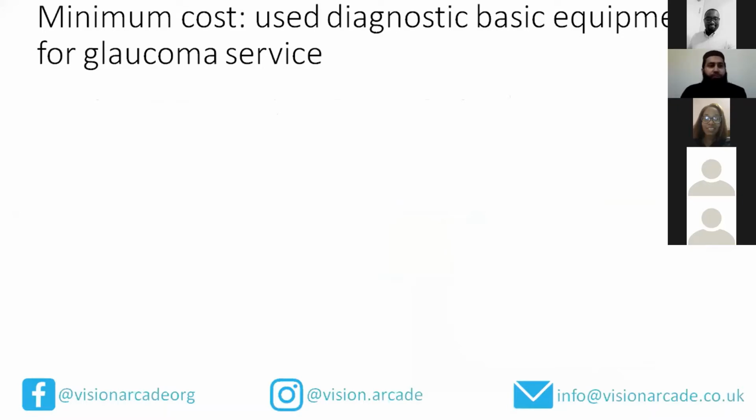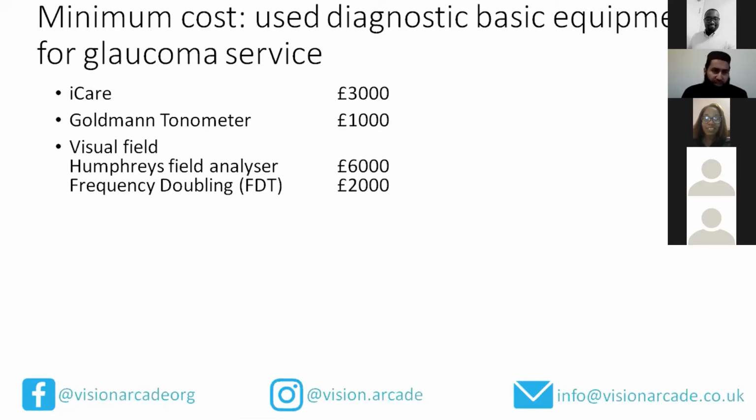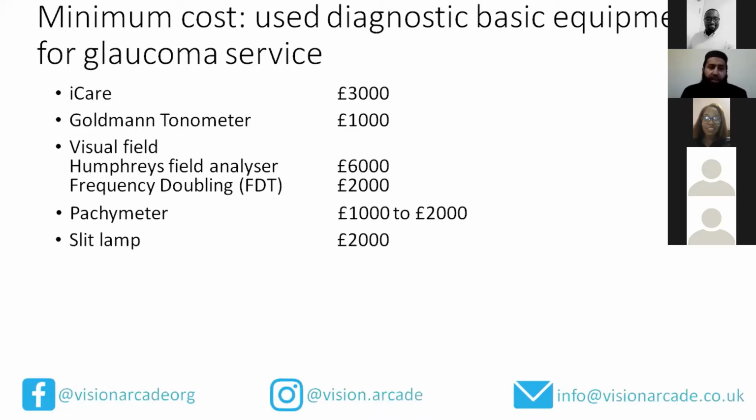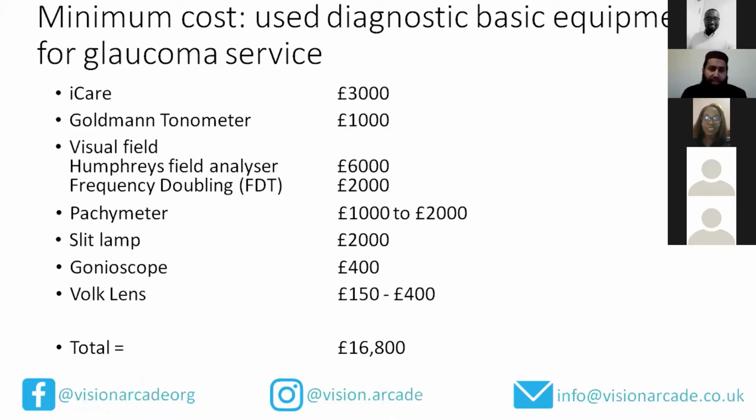Right, minimum cost for these equipments. I've just basically Googled these devices and used equipment, just looking for the cheapest possible that we can use for our Vision Arcade team on ground. For example, eye care, Goldmann tonometer, visual field, FDT or Humphrey, pachymeter, slit lamp, and gonioscope, and also Volk lens, and all that totals up to about £16,000.